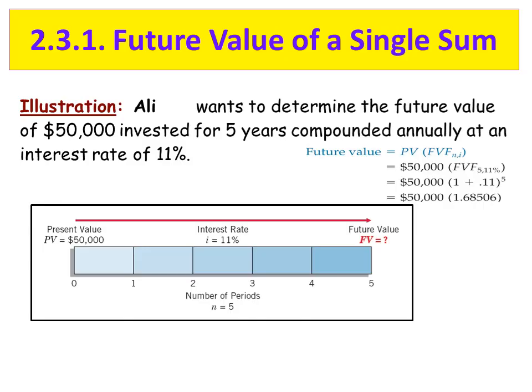When we calculate 1.11 to the power of 5, we get 1.68506. Then multiply it by the present value, and we get around 84,000. When we calculate the sum, we will see the figures, but it is around 84 thousand.